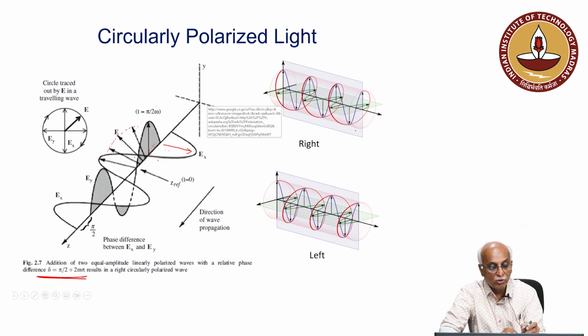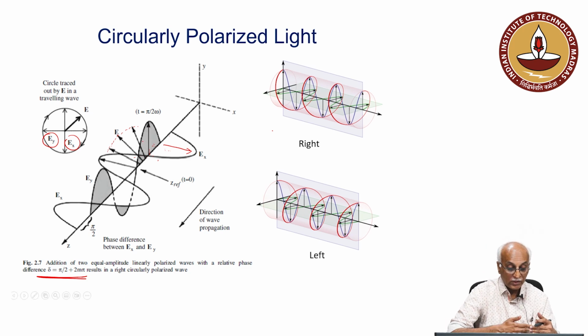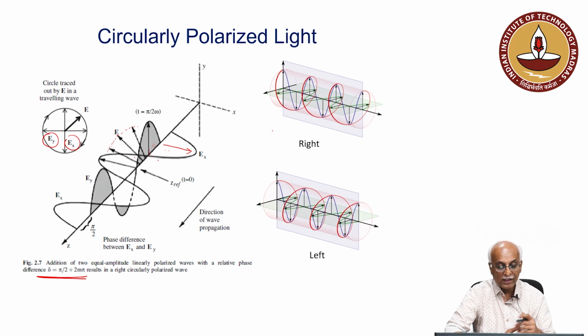Both Ex and Ey are equal in magnitude. The difference is the relative phase between them, which is 90 degrees.